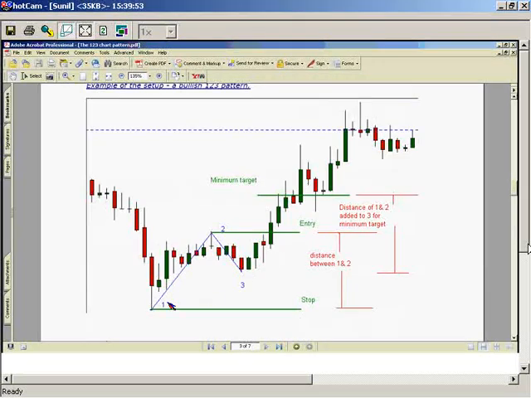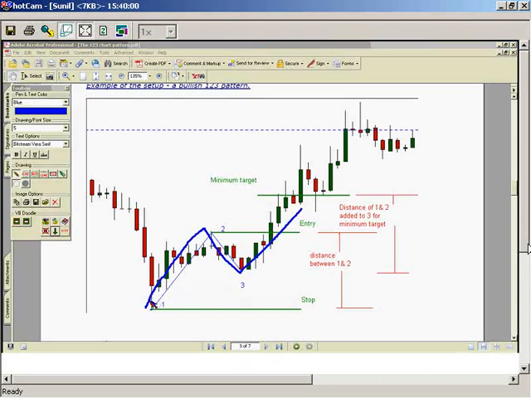Bullish chart pattern 1, 2, 3. Again, coming down to the point, Abel, look at it this way. Whenever you look back at a chart pattern, it's very easy to say, oh, I could have done this and I could have done that. Consider yourself to be somewhere over here. You don't know what the price action is going to be.